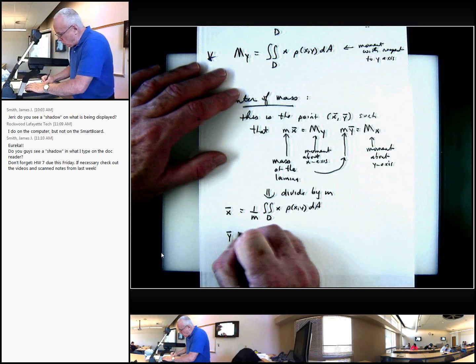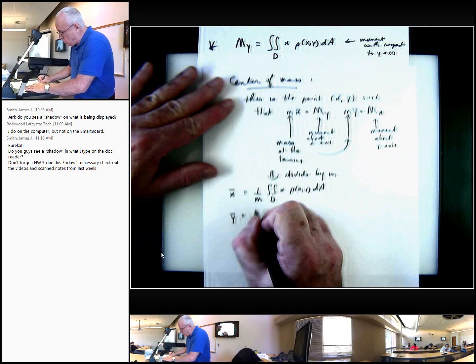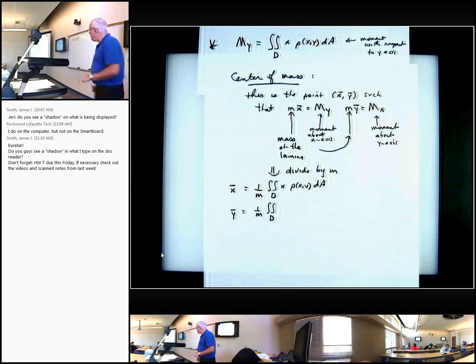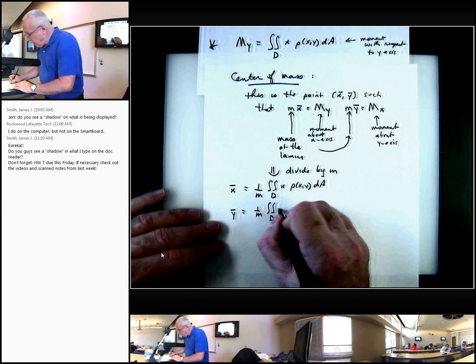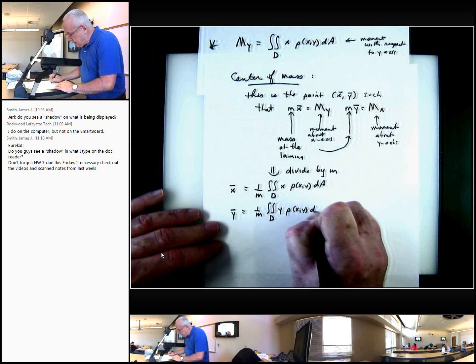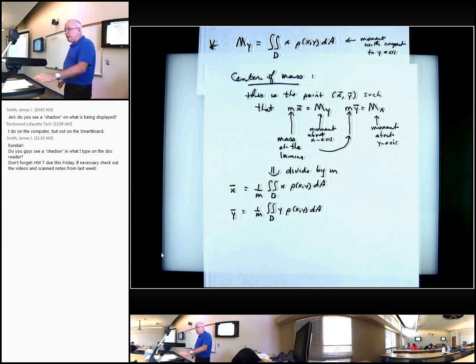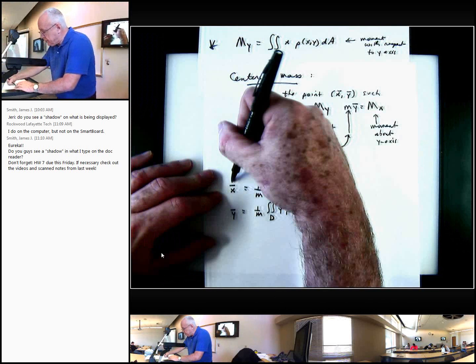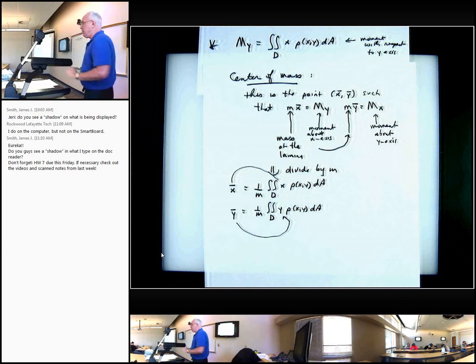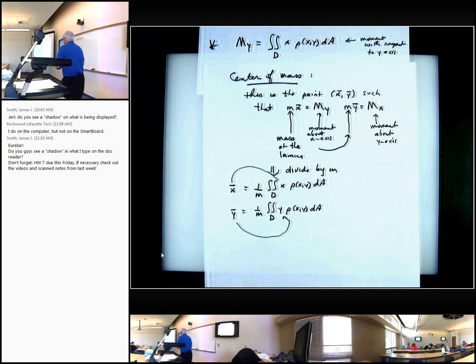And then we get y bar is equal to 1 over m times the double integral over D of y rho x,y dA. When you put these together like this, you see that you've got the x and the x and the y there. All right? Okay.